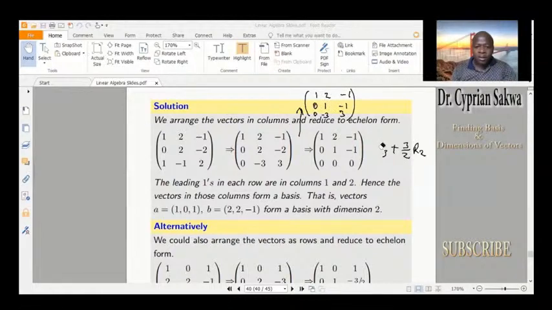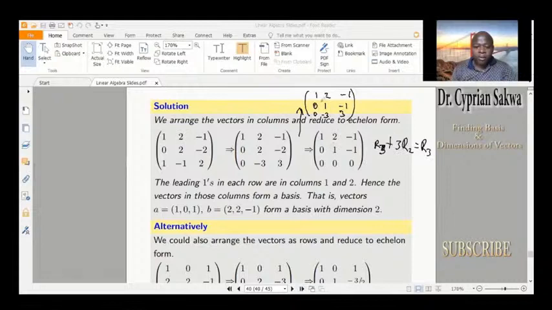So let me now do this. Now from this I come to this and I want this to be 0. So what I did was I took row 3 plus 3 row 2 to give my new row 3.